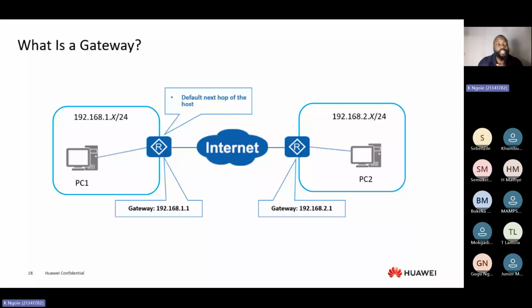That's the gateway that we're talking about. It's the router that you have at home, which will take the information from your computer to the internet. So the router, remember now, this router will have an IP address. Do you see that, guys?